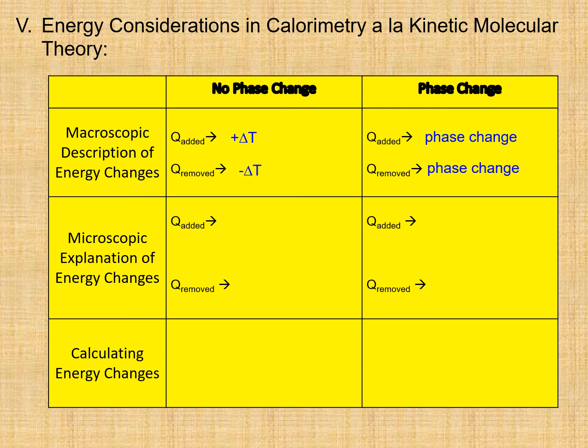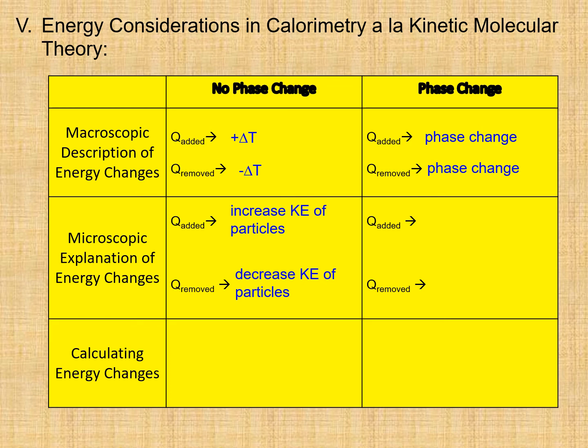From a microscopic perspective, when heat is added to an object and no phase change takes place, the heat simply increases the kinetic energy of the particles in the object. Remember, that's what temperature measures. It's a measure of the average kinetic energy of the particles that make up an object. Likewise, removing heat from an object when no phase change occurs causes the particles to lose kinetic energy, thus lowering the temperature.